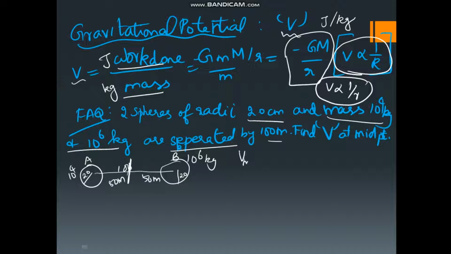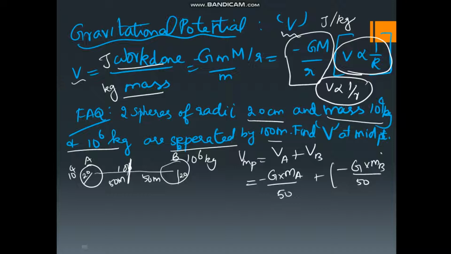So the potential at the midpoint is the potential of sphere A at the midpoint plus the potential of sphere B at the midpoint. So the potential of sphere A is minus G into the mass of sphere A divided by the distance between sphere A and the midpoint, that is 50 meter, plus minus G into the mass of sphere B by the distance between the sphere and the midpoint, that is 50 meter.